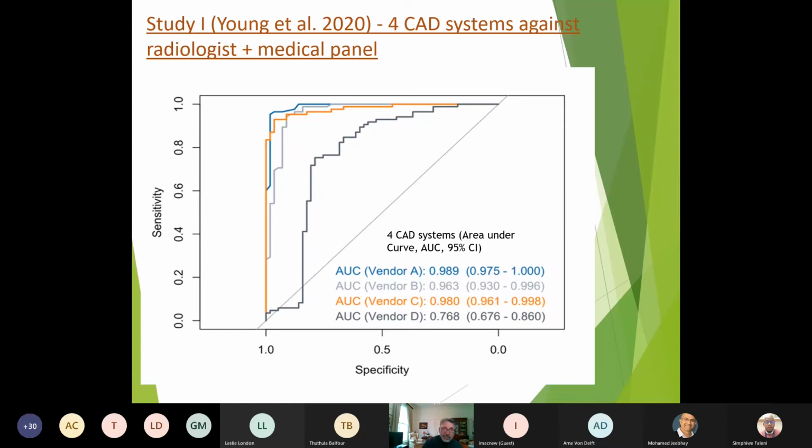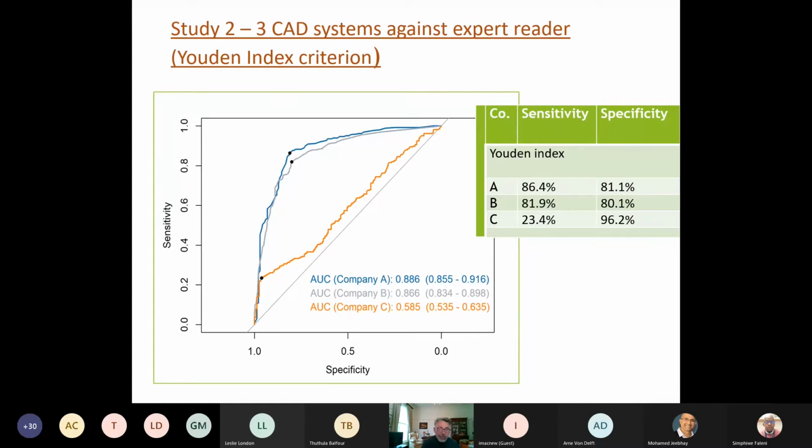However, we repeated the study, and this time we used external readers, did not use the MBOD panel. One of the CAD companies dropped out, and instead of using a pre-selected sample, we used a field sample from benefit medical examinations done for the MBOD in the Eastern Cape. And here the results are somewhat different.